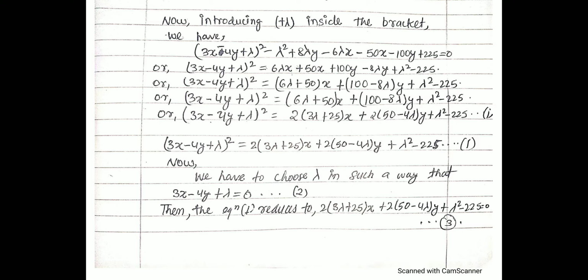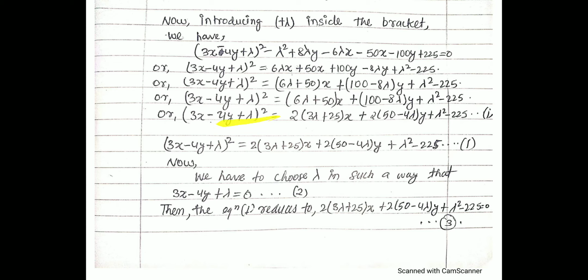Let's take x common, then we will get (6 lambda plus 50) times x. Again let's take y common in these two terms, so we will get (100 minus 8 lambda) times y plus lambda square minus 25.